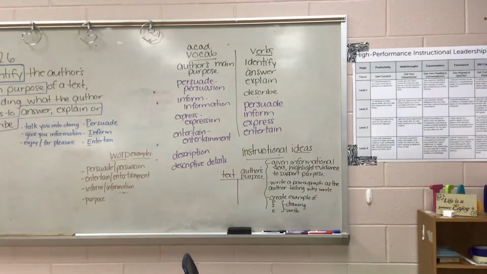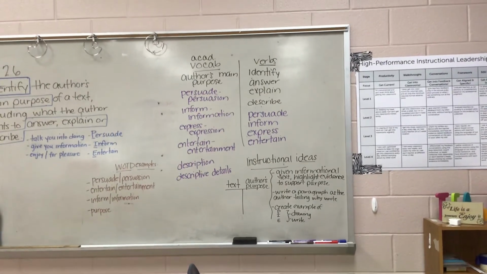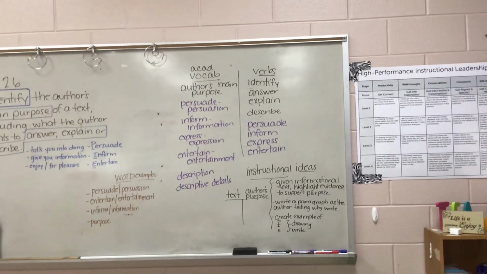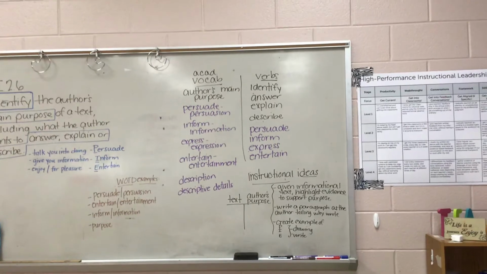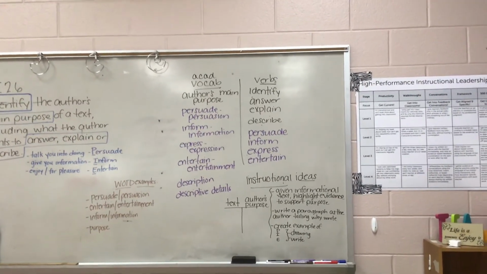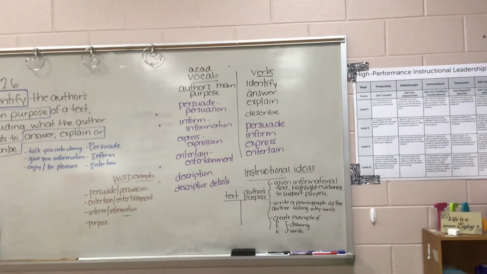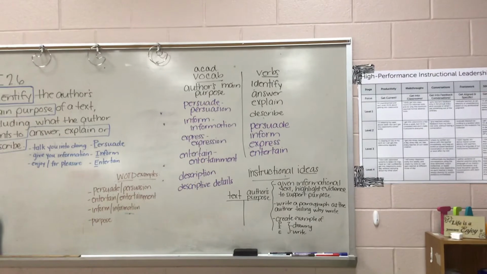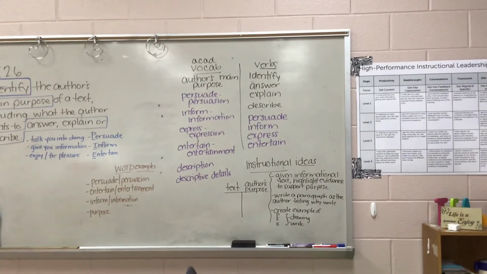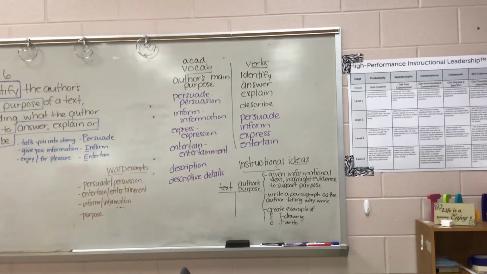And then they could actually, and this could include drawing as well as writing, create an example of a persuasion, an information, and an entertainment. By creating that, they're going to show that they have a concrete understanding of what a persuasion text would look like, what an informational text would look like, what an entertainment text would look like.